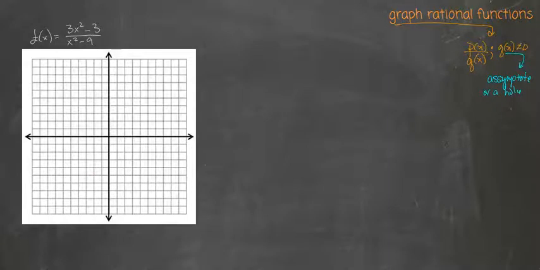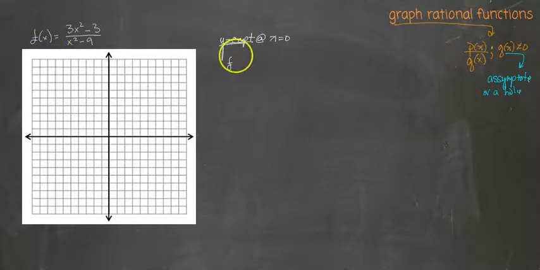So let's look at the one we have here and see. First, let's find the things we're used to finding. Let's find the y-intercept. We're going to do exactly the same thing that we would do with any other graph. The y-intercept is wherever x equals 0.